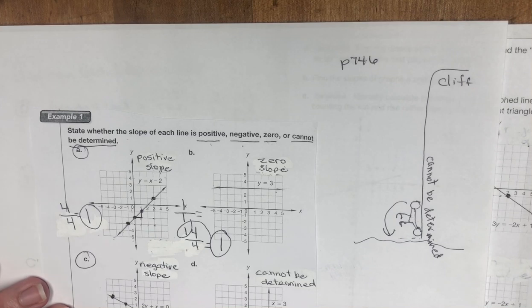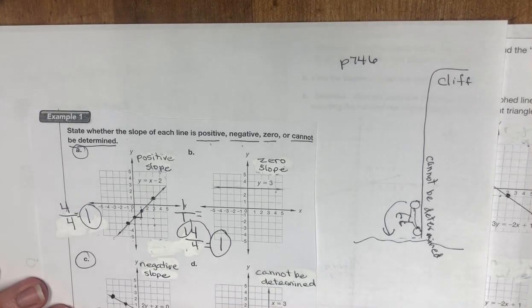Now C, if we start here, where our run is 1, 2, that is going to the left. So that's a -2 on the bottom. And our rise is 1. So there is my slope, -1/2. Now what if I determine I use this one right here and this one right here? Let's see what happens.